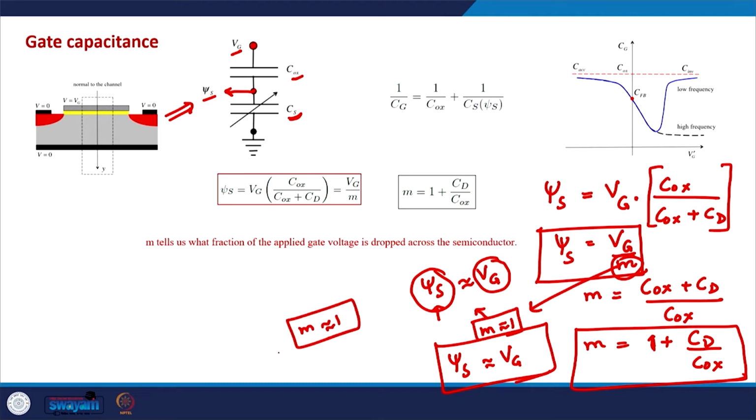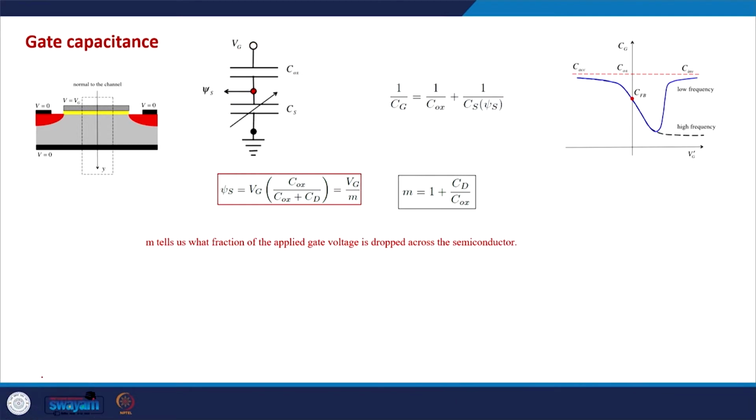That is a design constraint we keep in mind: while designing a MOSFET, device designers try to make sure that m is not far away from 1. In order to bring m closer to 1, the second factor, Cd by Cox, needs to go to 0.